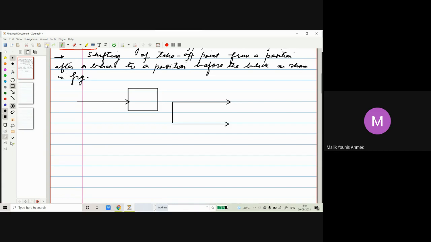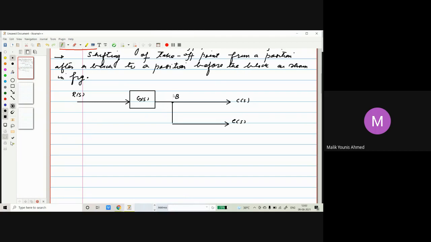Now what we are going to do here, this is your input R(s). This is a transfer function. Now the takeoff point is here at position B. This is the output and this is also an output. Same thing, because this is the same. Here we can't change anything.